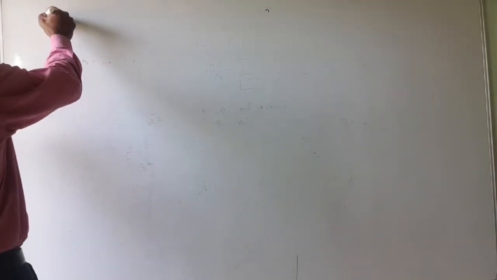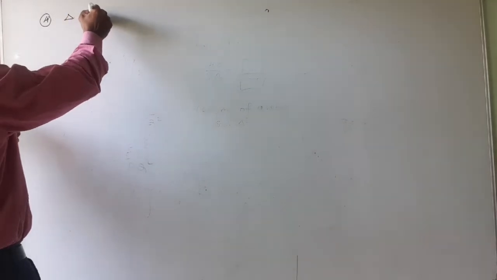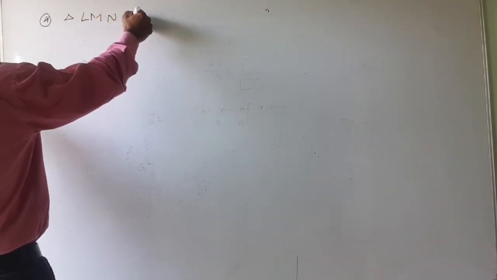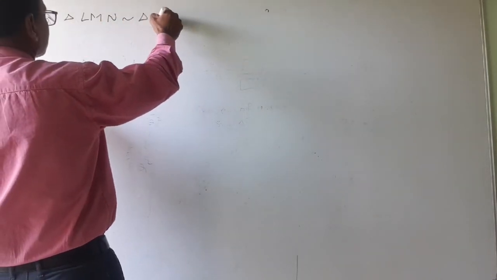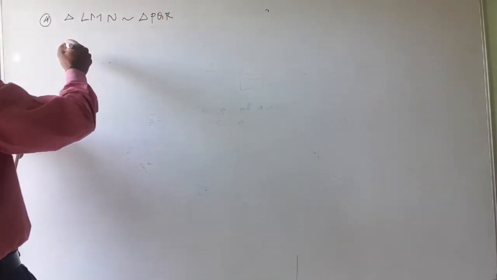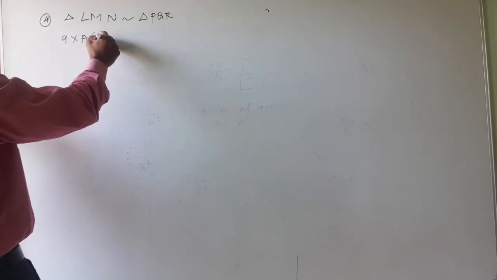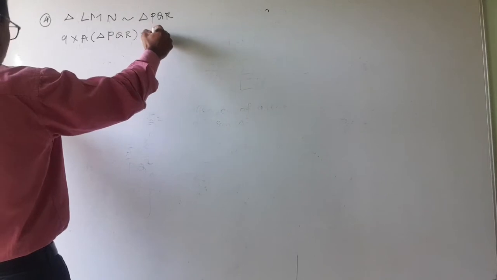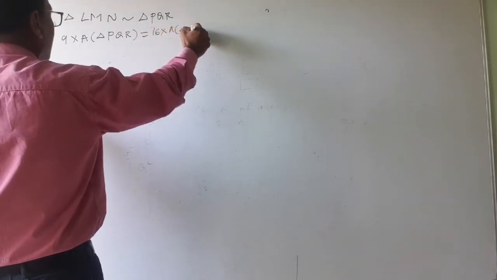Question number 4. Triangle LMN is similar to triangle PQR. What they have given? 9 into area of triangle PQR is equal to 16 into area of triangle LMN.